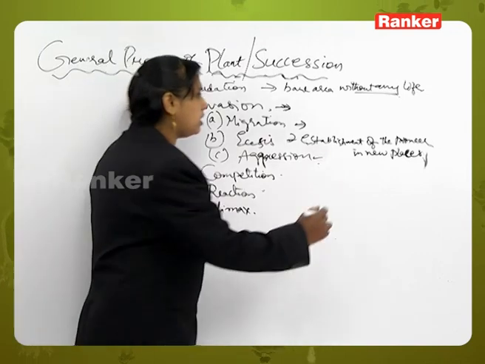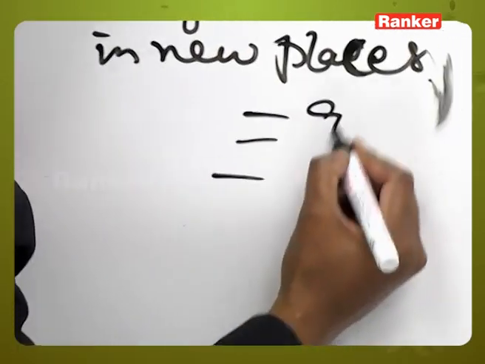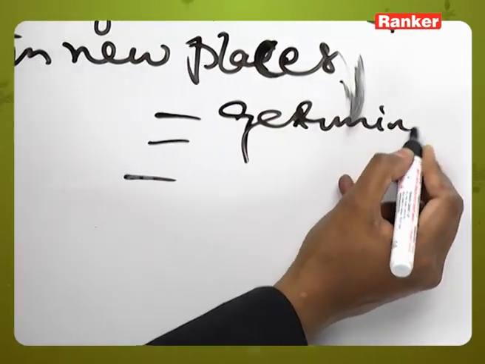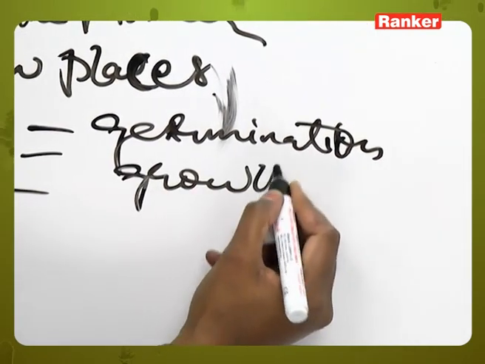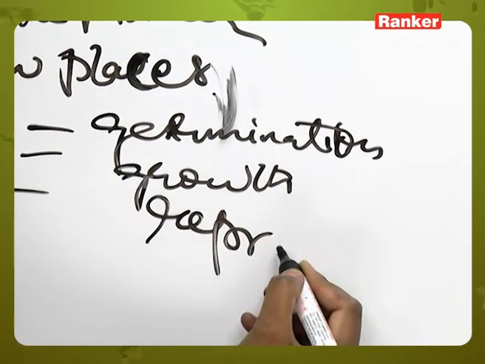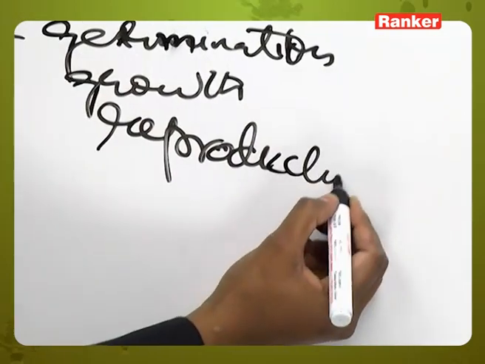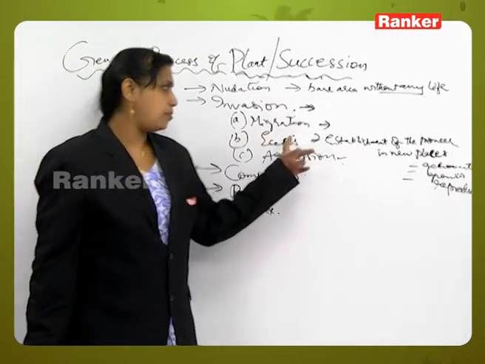In this process, the pioneers come across three processes: germination, growth, and reproduction. So ecesis is the process.